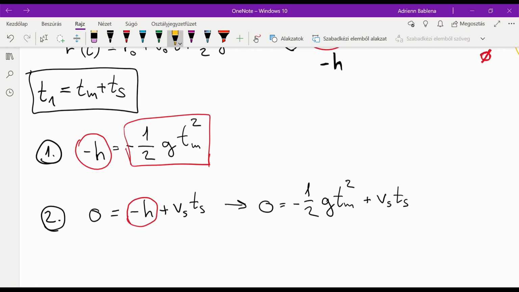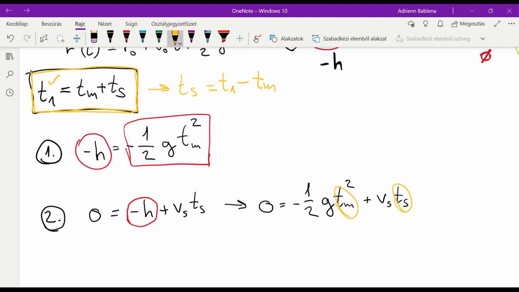But so here is Tm and Ts. But we know that T1 equals to Tm plus Ts, and we know T1. So we can rearrange this equation, for example, to Ts, but you can rearrange it to Tm, it doesn't really matter. So I rearrange it to Ts. From the time equation, we know that Ts equals to T1 minus Tm.